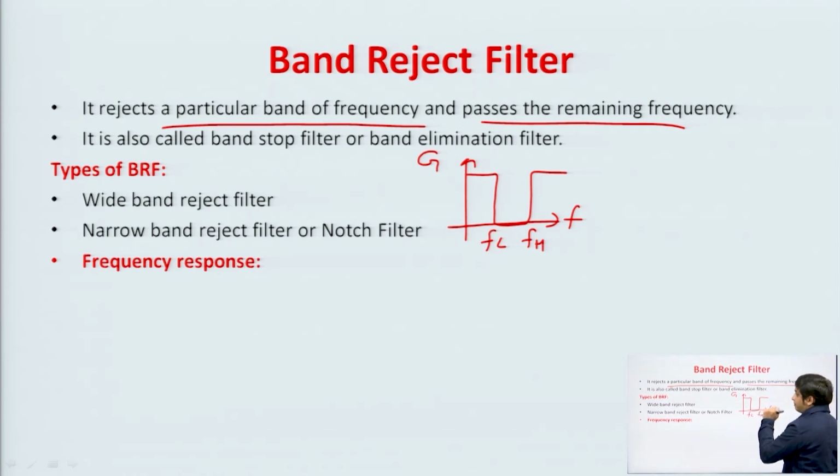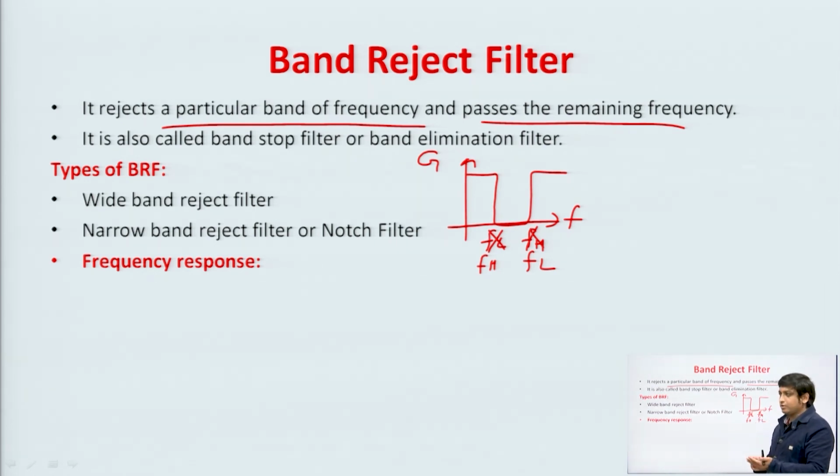In fact, in band reject filter, we just reverse this FL and FH. So, we say that this is not FL, this is FH, and this is not FH, this is FL, right. So, in band reject filter, the frequencies from FH to FL are rejected.